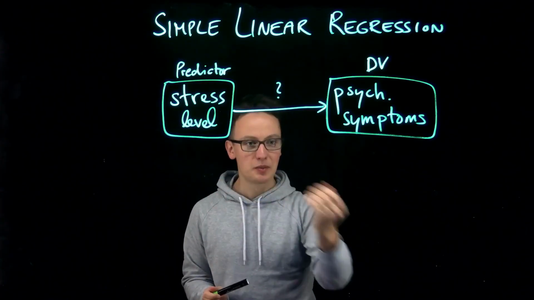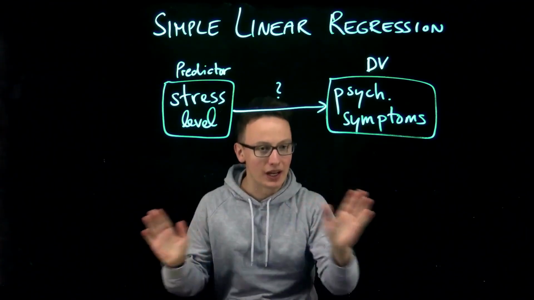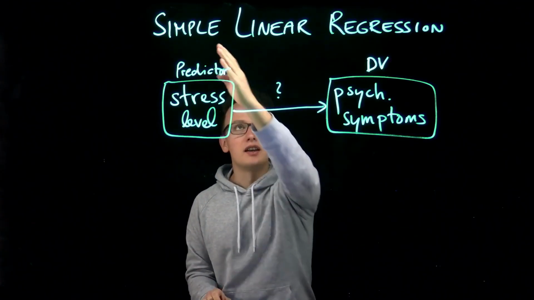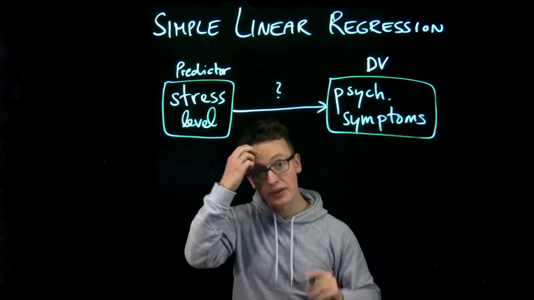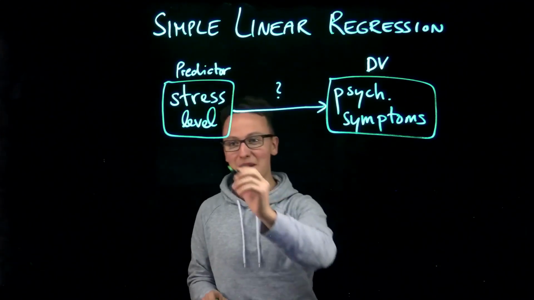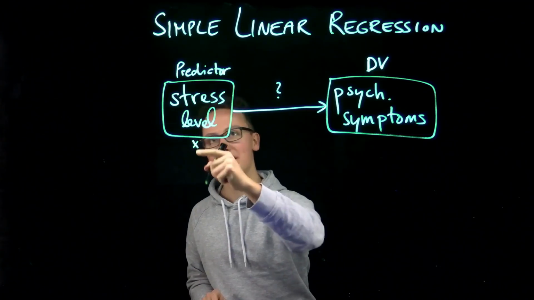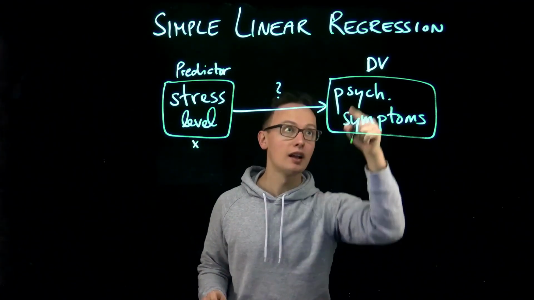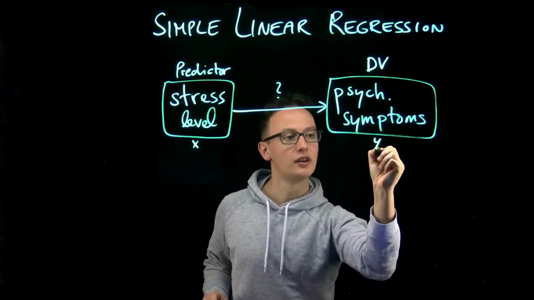A suitable model to capture this relationship, assuming it is a linear relationship, is a simple linear regression model, okay? If we give these two variables more handy names, we could say x is the stress level, our predictor, and our dependent variable, the psychological symptom score, is our variable y.